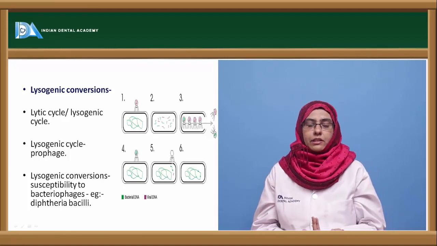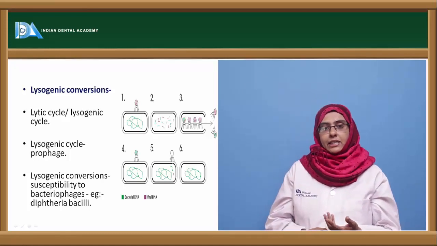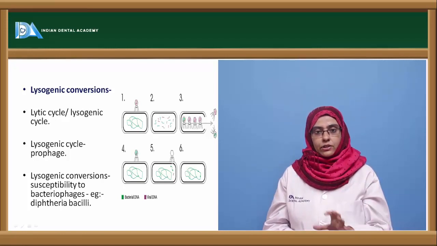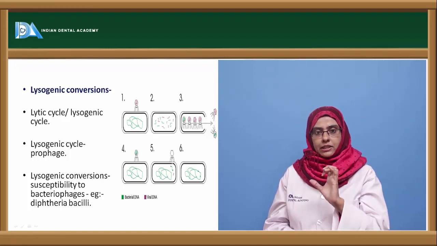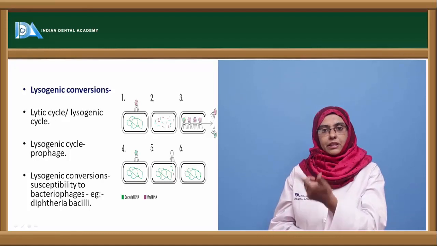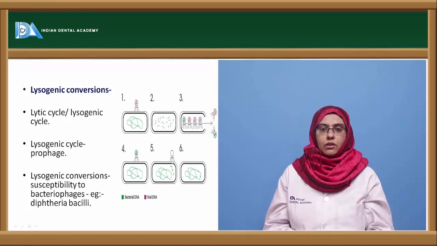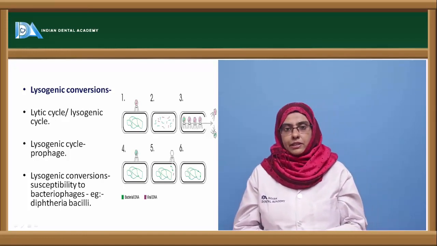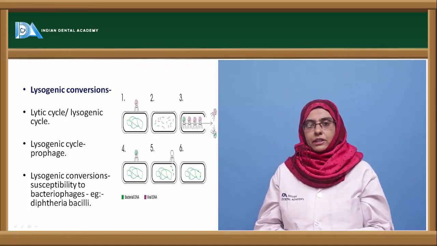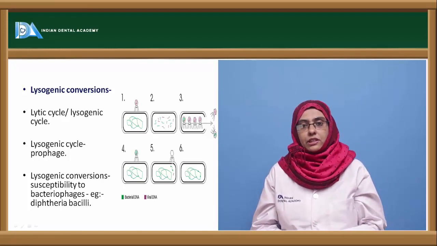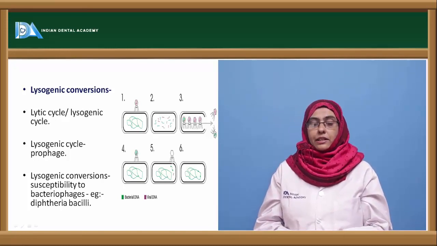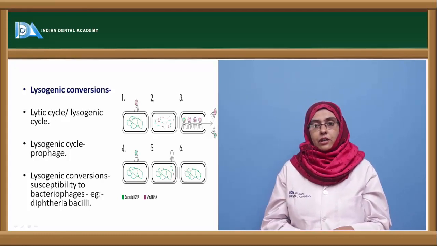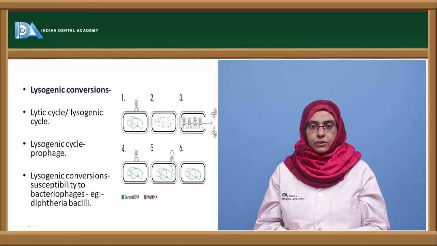Take for example the diphtheria bacteria. The bacteria by itself is not toxigenic. But when it is lysogenized with the virus, it is the toxin gene present in the virus that makes the bacteria a toxigenic bacteria. So, apart from making it resistant to other bacteriophages and preventing super infections, this lysogenic characteristic feature of the viruses also confers certain drug resistance or toxigenic property to the host cell.